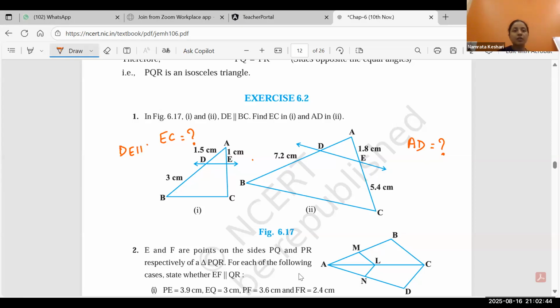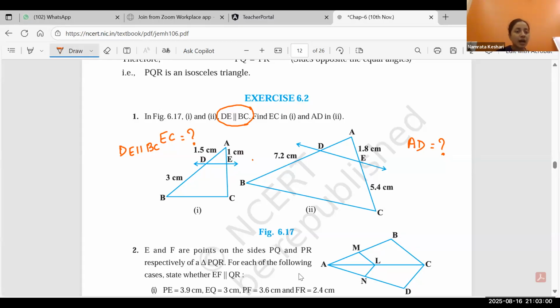From now onward, the moment we notice parallel, we will say the ratio will be the same. Why? Because parallel is given. If parallel, then the ratio is the same.